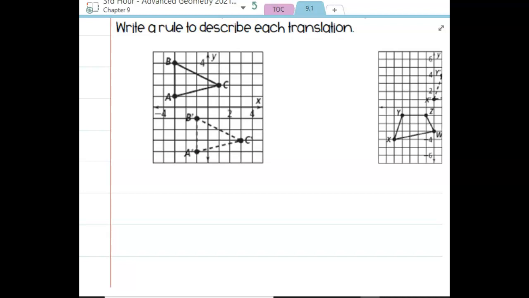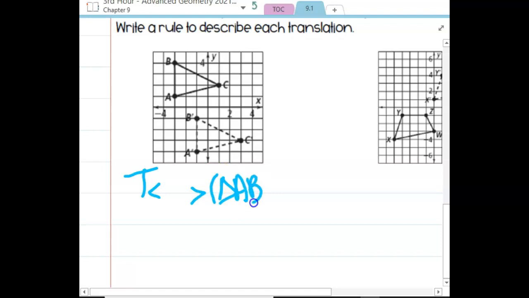So to start off, okay, the function notation, we are going to translate. We're going to have our rule down here. We'll get to that in just a second. And if we want to be really, really specific here, we are going to translate your pre-image. So my pre-image is triangle ABC.